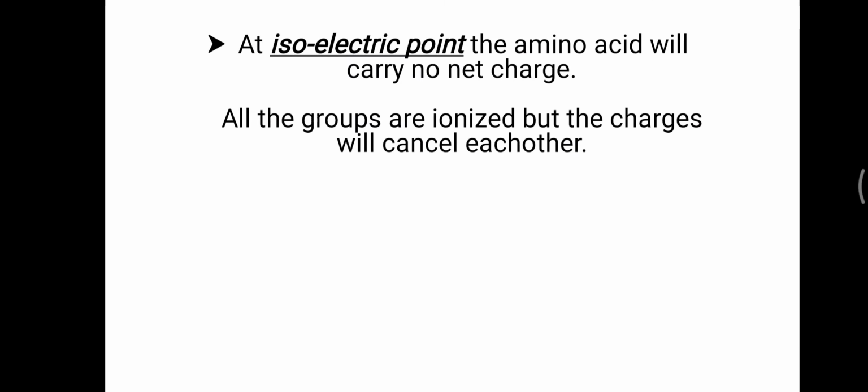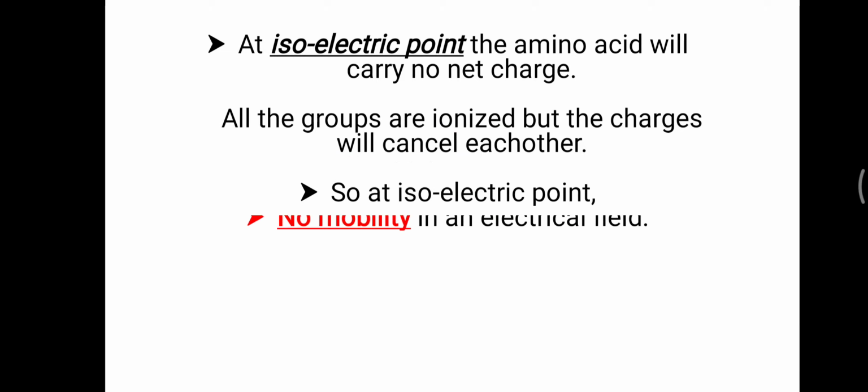So the isoelectric point of the amino acid is the particular point where it carries no net charge, meaning an equal number of positive and negative charges, and that is one of the important characteristics or properties of the amino acid. All the groups of this amino acid are ionized, but the charges cancel each other at the isoelectric point. At this isoelectric point, the amino acid will have no mobility in the electrical field.